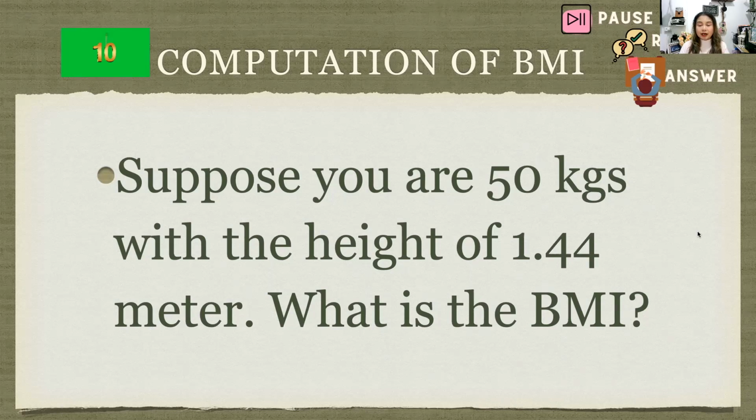The formula is BMI equals weight in kilos divided by height in meters squared. So pag sinabi nating meter squared, ano ba ang dapat natin gawin if it is meter squared? Yes, we are going to multiply by itself.